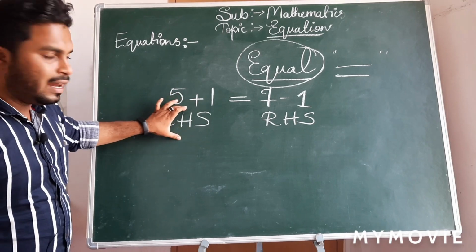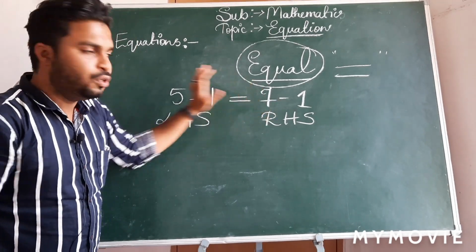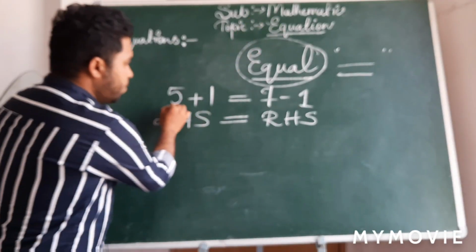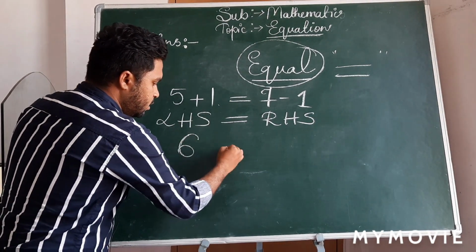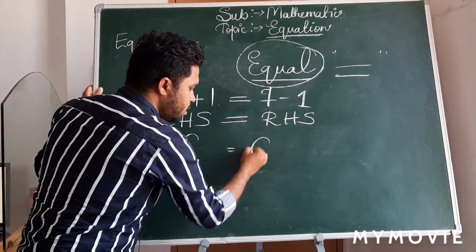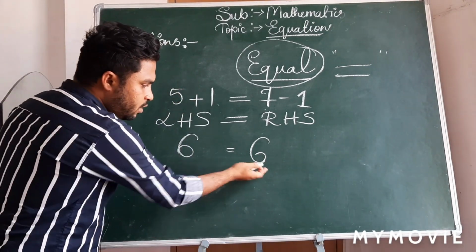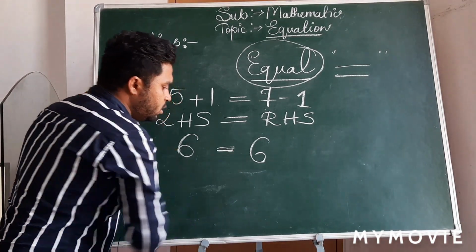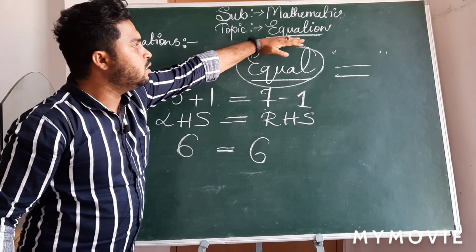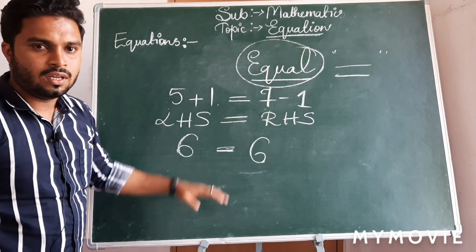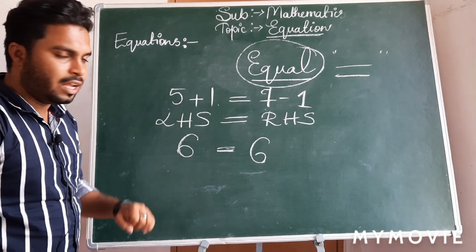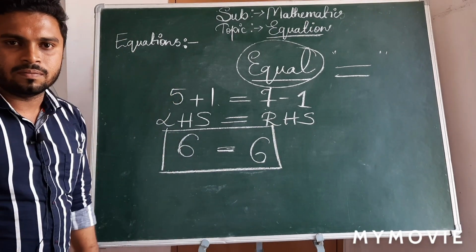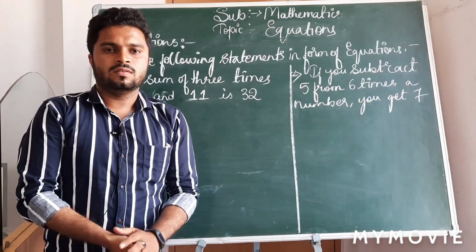Both LHS and RHS should be equal. So 5 plus 1 is 6, and 7 minus 1 is 6. Can you see any difference, students? No. Both sides are equal. Hence it is called an equation. Equations are statements that need to be equal. This is the first concept.